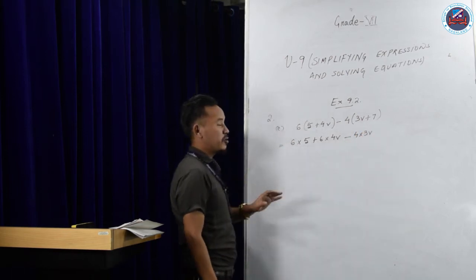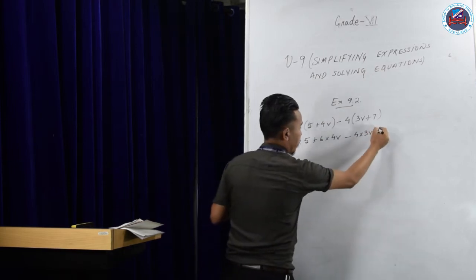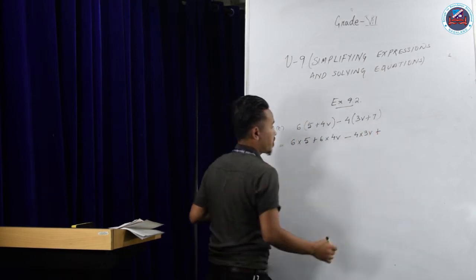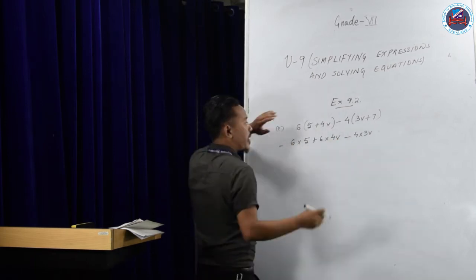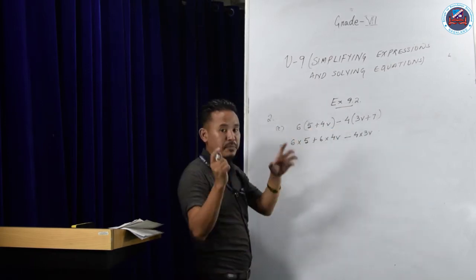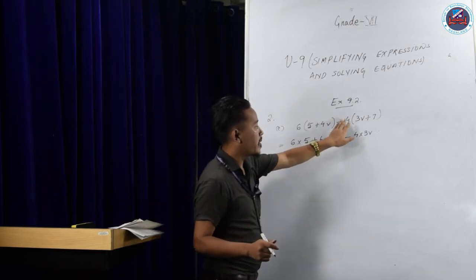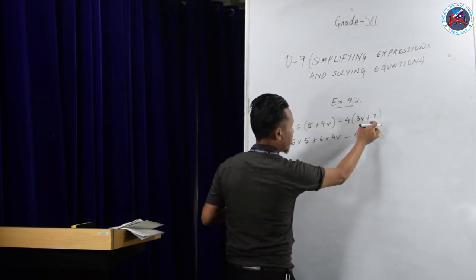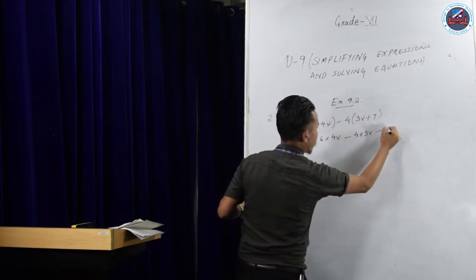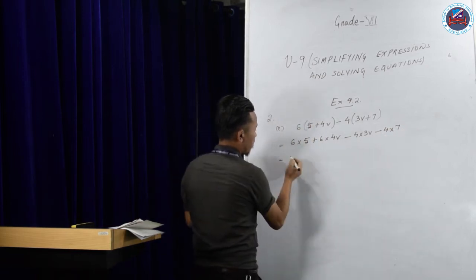Now this part you have to be careful, because if by mistake you write plus 4 into 7, your answer will be incorrect. Whenever we remove the bracket and there is a minus in front, we multiply with the sign inside the bracket. So this becomes minus into plus, that is minus 4 into 7. Keep that in mind. Now let's try to solve.